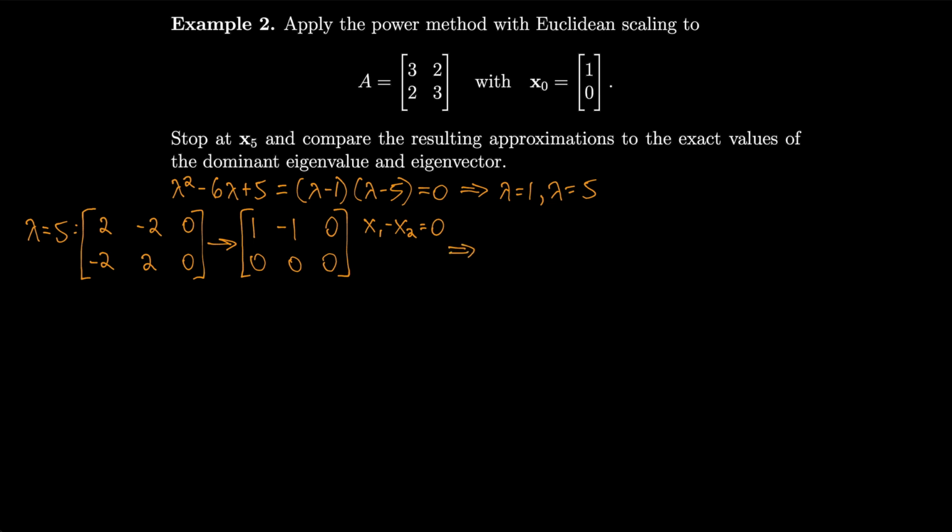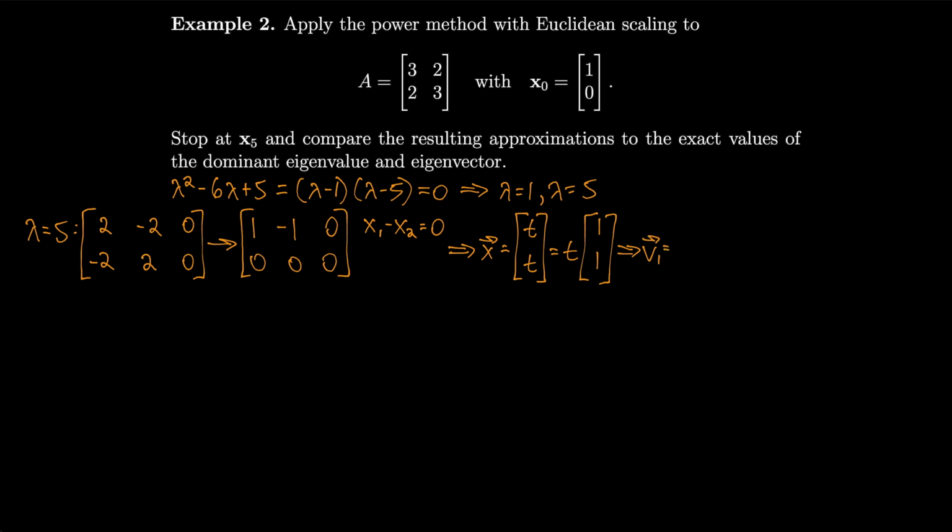So that tells us that our eigenvector x can be given by (t, t), which means that the eigenvector that we want can be given by factoring out t and getting (1, 1). That'll be our eigenvector v1.